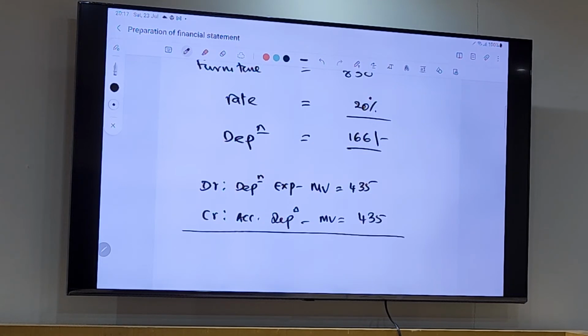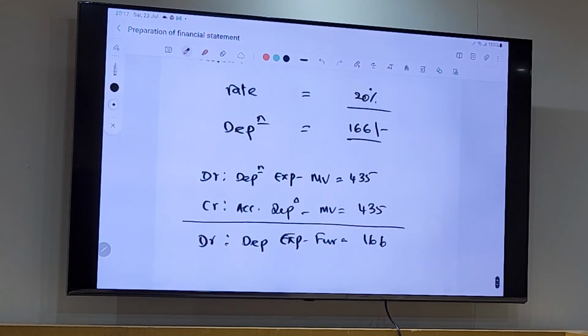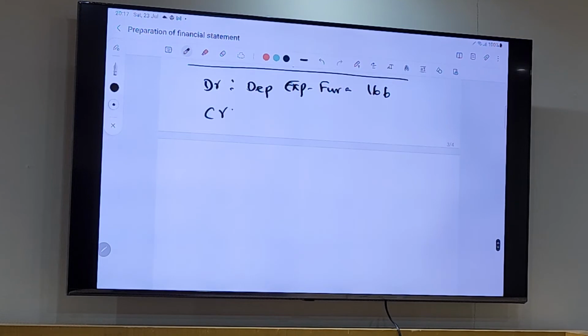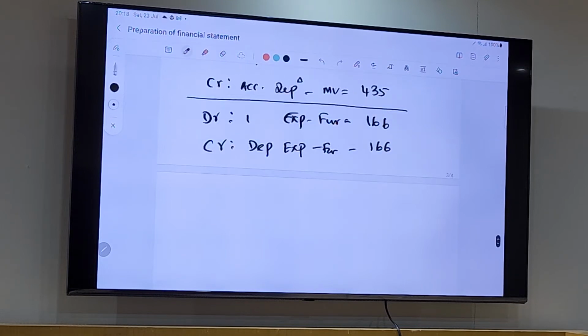Then debit depreciation expense, furniture 166. Credit accumulated depreciation, furniture 166. Yeah, I'm sorry, I made a mistake. I'm checking whether you are sleeping or not.